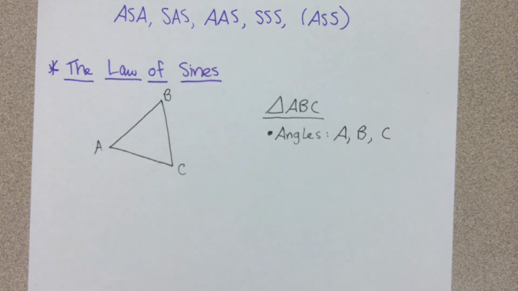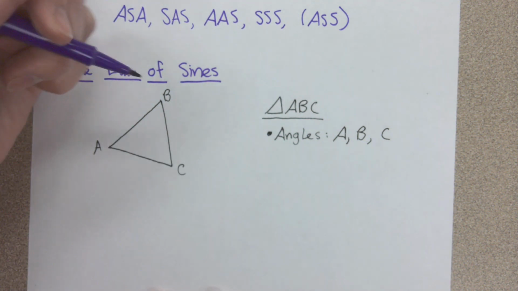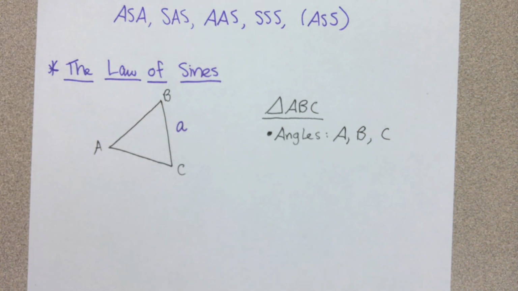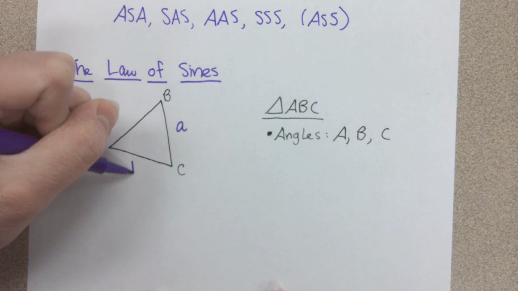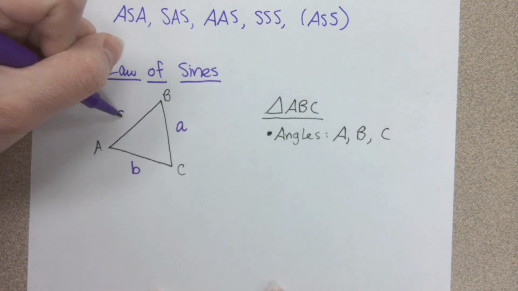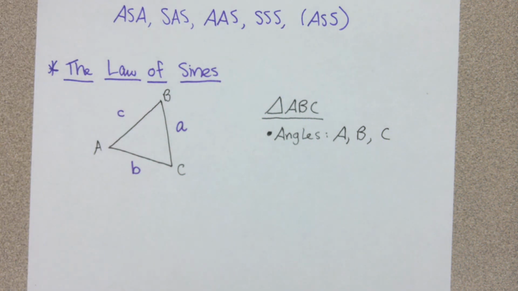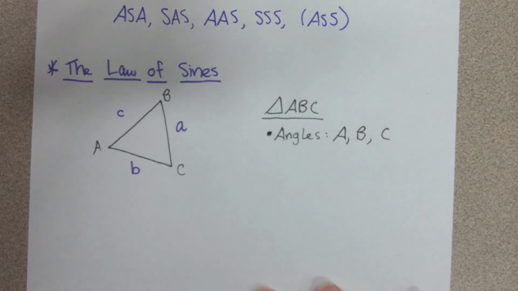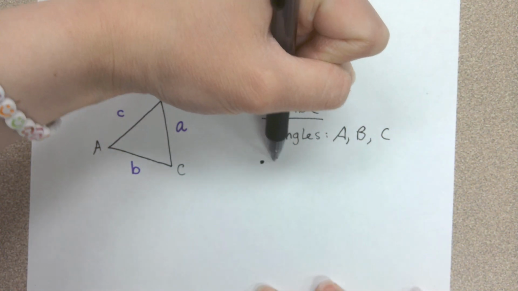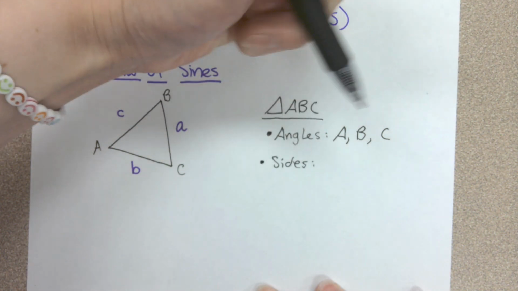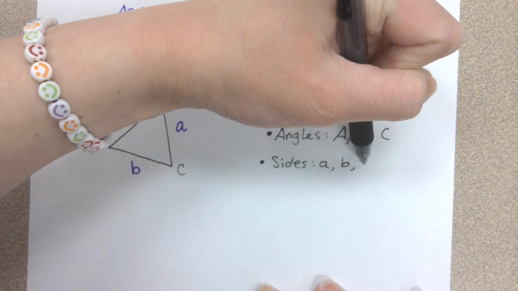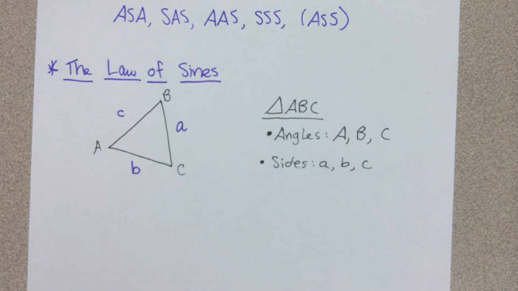But it is a little faster and easier if we just give it 1 letter. So the side across from A, we give it the lowercase a. Side across from B, lowercase b. Side across from C, lowercase c. So we have sides all lowercase a, b, c. So make sure you're being careful about your capitalization versus lowercase.